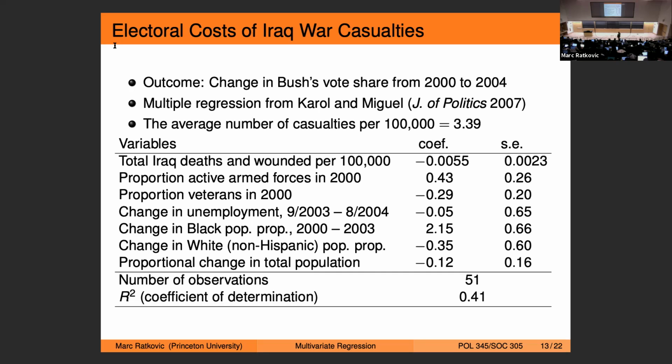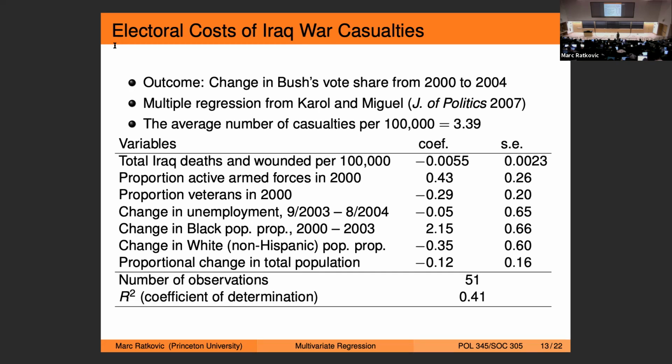So in this case, the average number of casualties over the country per 100,000 was 3.39. The total Iraq deaths and wounded per 100,000 was negative 0.0055 with a 0.0023 standard error. Is that statistically significant?